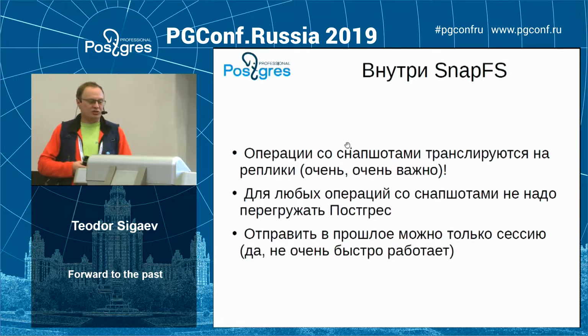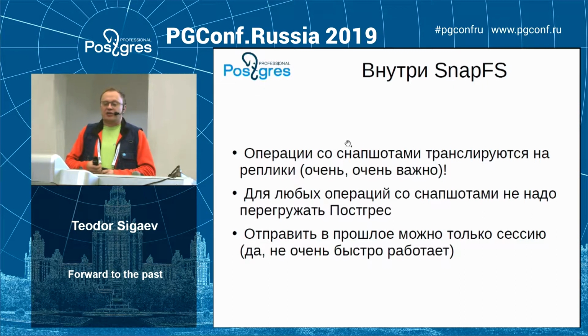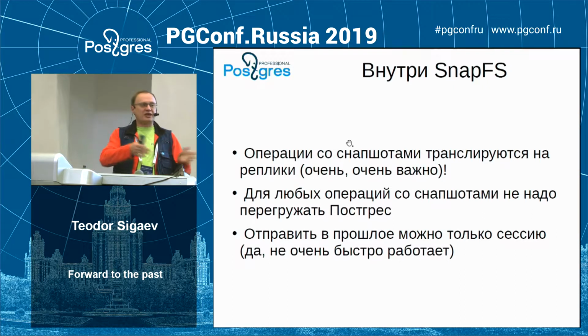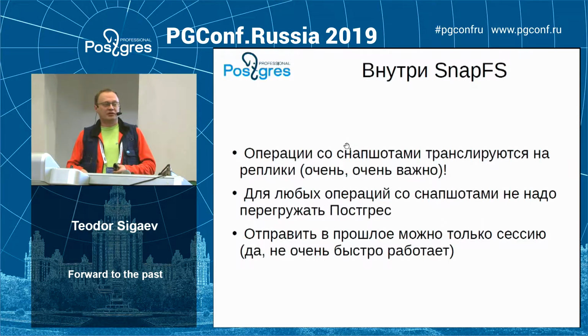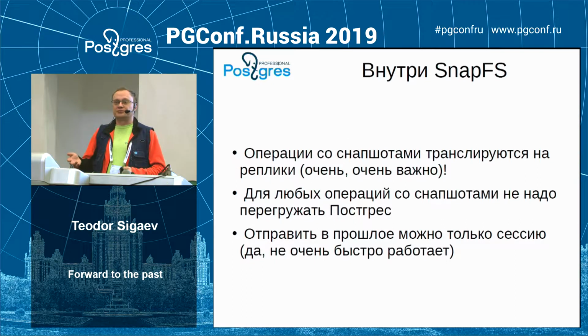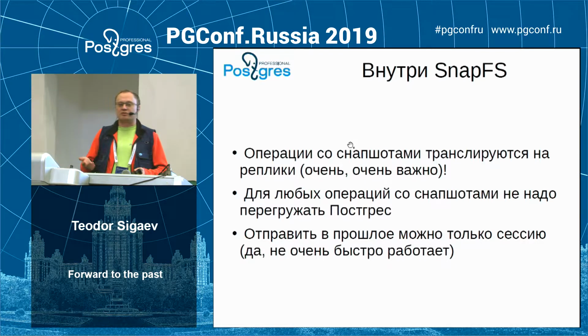What makes me happy about this feature, I really wanted to have this functionality: operations with snapshots like creation and deletion are written to WAL, with a very clear reason. If something bad happens, you just roll back.